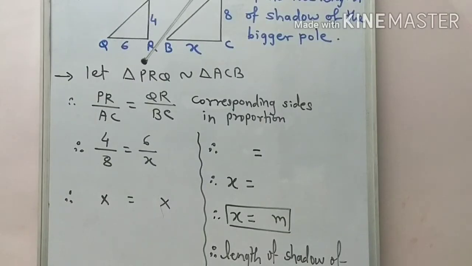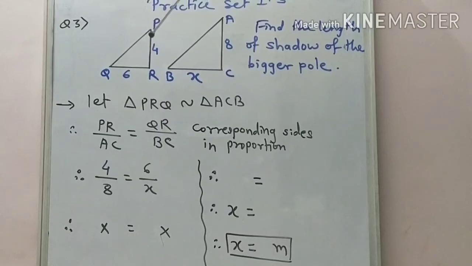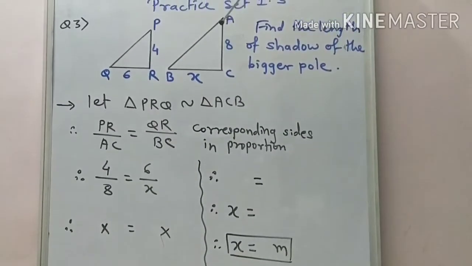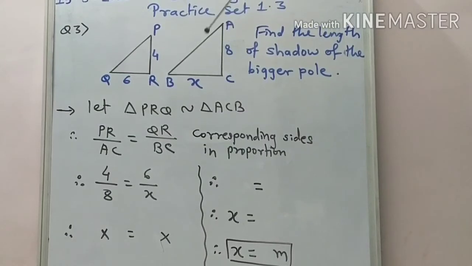So we take these two triangles as similar triangles, triangle PRQ similar to triangle ACB. Always, as you write down the similarity, the one-to-one correspondence is very important. Okay students, as you observe here, the first triangle is PRQ, so by one-to-one correspondence I write it as ACB, not ABC.